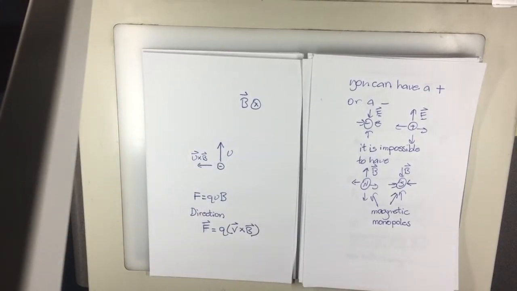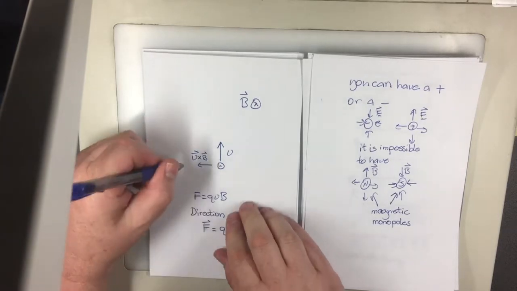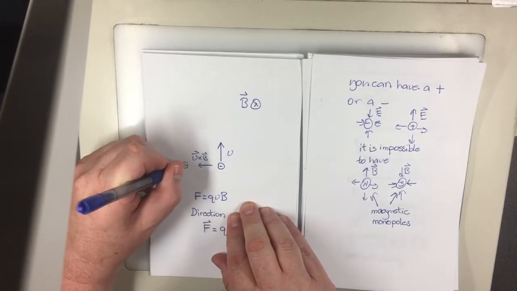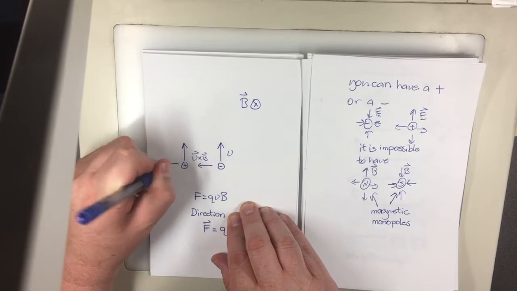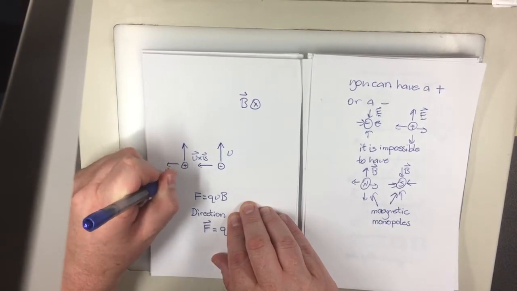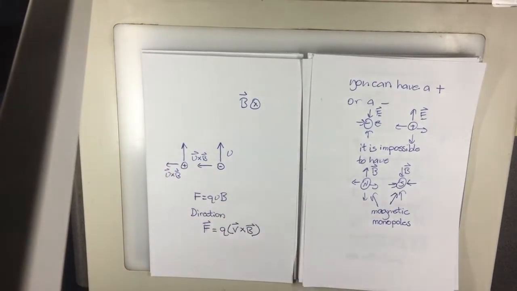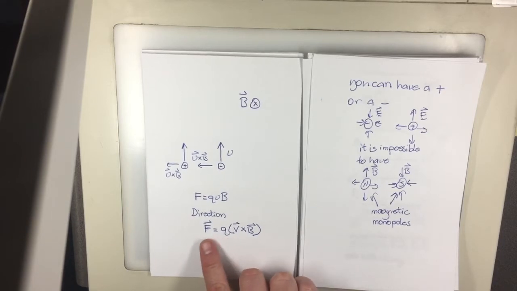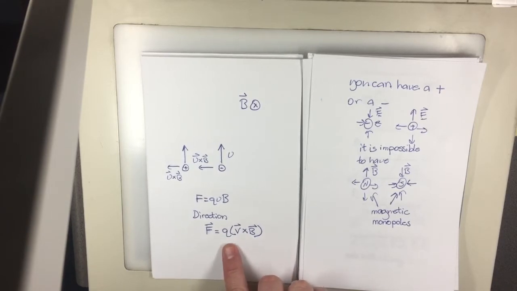Now this is one of the things that we need to be careful about. If it was a positive charge, it would be the same as a negative charge. V cross B would still be to the left. But the problem with this is, when figuring out the direction, you've got to take into consideration the sign of the particle.